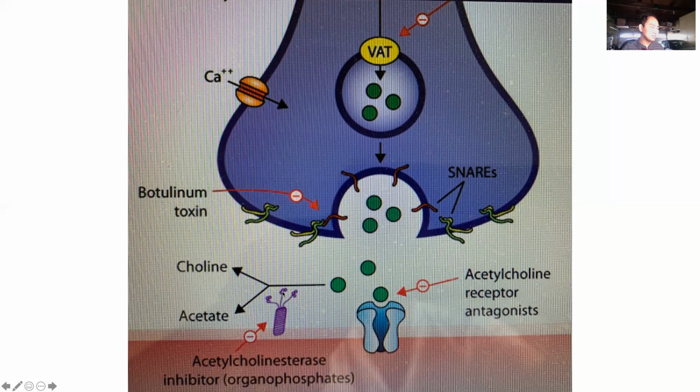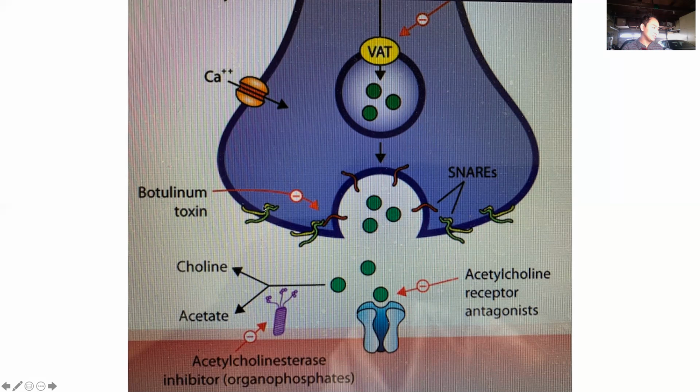There are some conditions where we can have a problem at the neuromuscular junction, like organophosphate poisoning, for example from fertilizers. They stop the acetylcholinesterase. Therefore, we get a buildup of acetylcholine in the synaptic cleft, and that can give us problems.